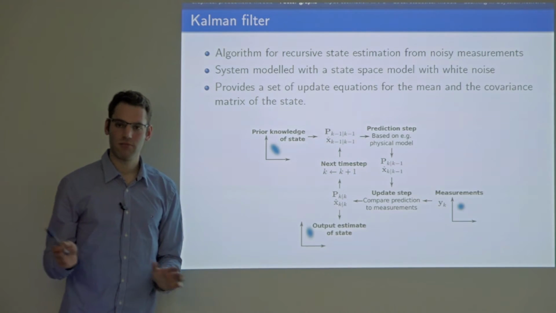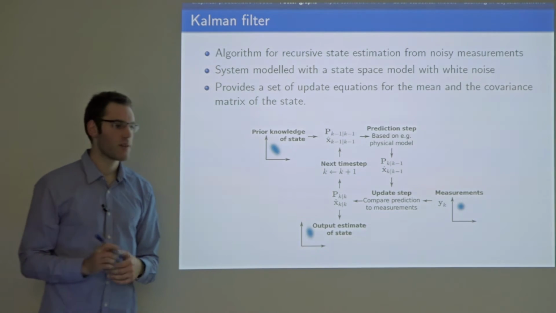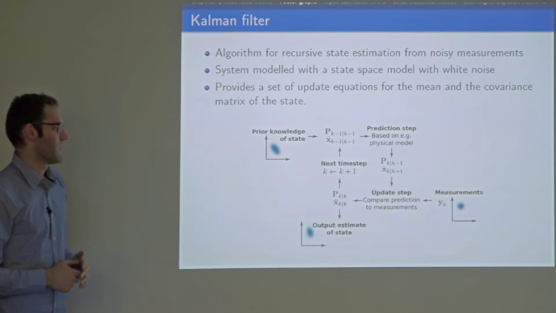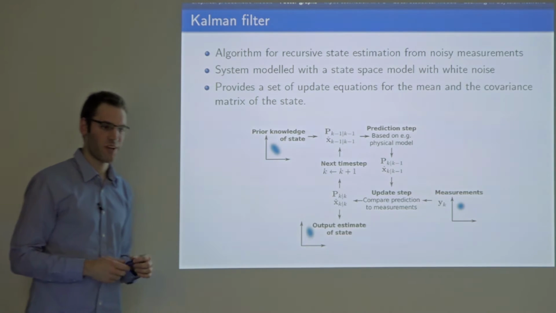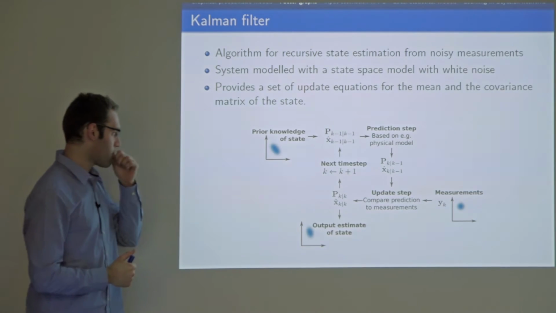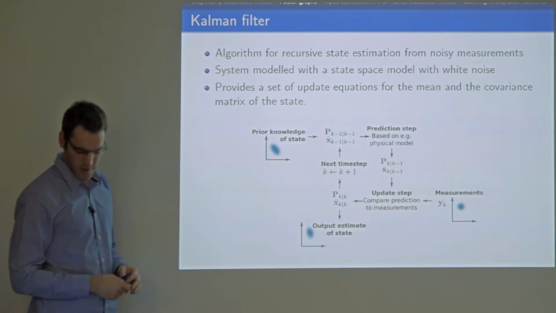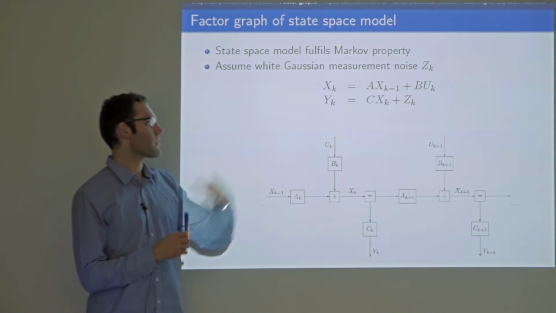So who's familiar with the Kalman filter? Okay, so it's more from control. I know that in computer science it might not be the most common algorithm, but it's the hot shot algorithm in control. So what is done is we have this state space model, and this forms a Markov chain.